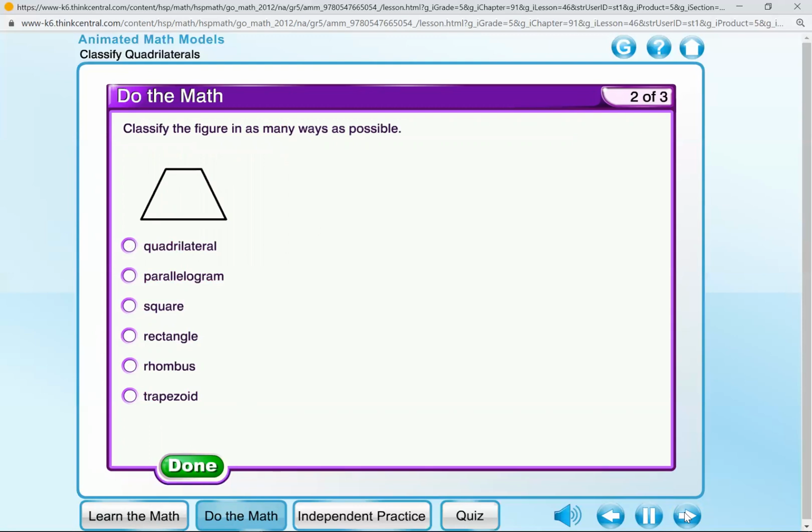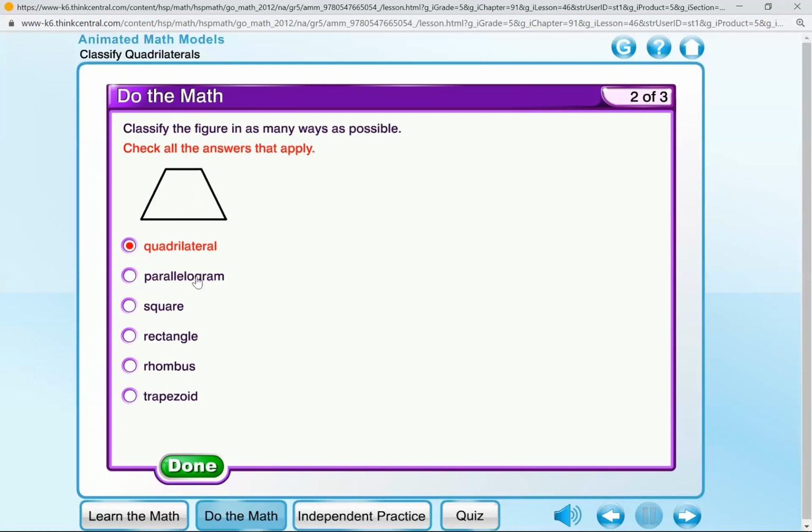Classify the figure in as many ways as possible. Check all the answers that apply. All right, check all that apply. Let me check. 1, 2, 3, 4. Yep, it's a quadrilateral. Parallelogram, there's a pair, but that's not parallel.